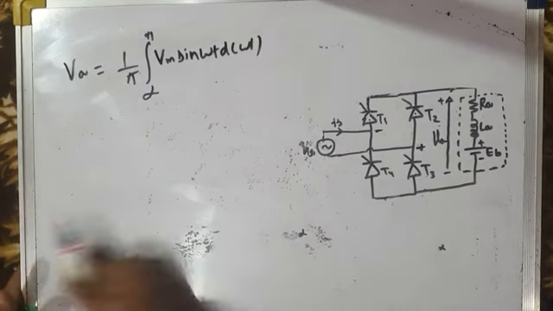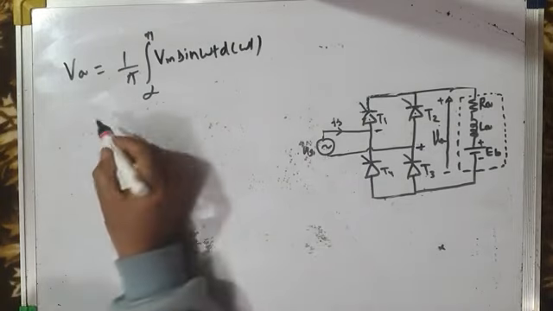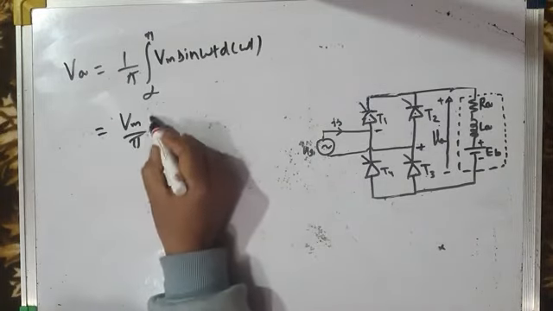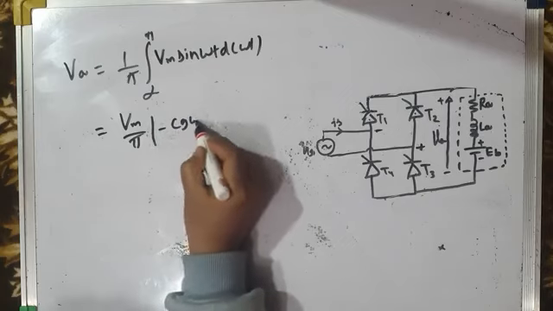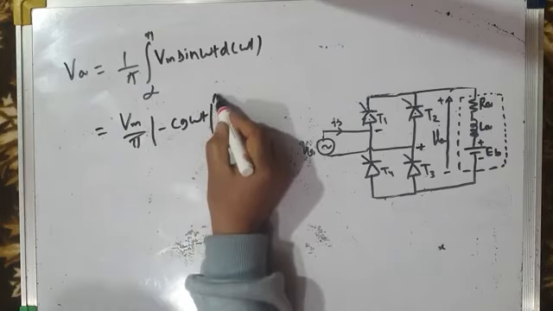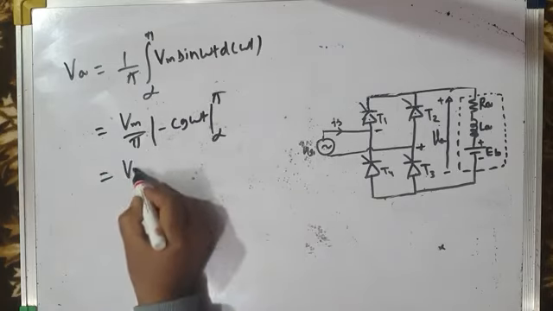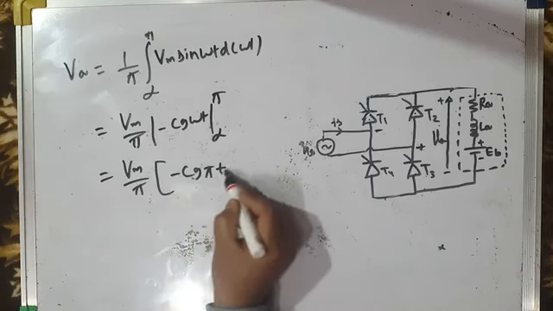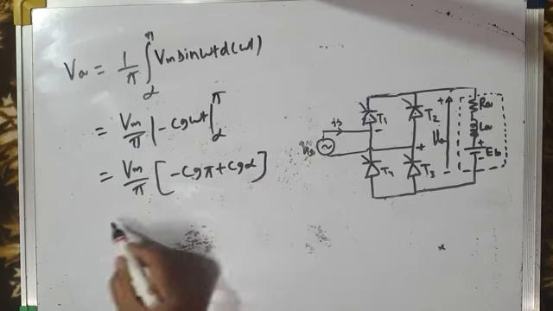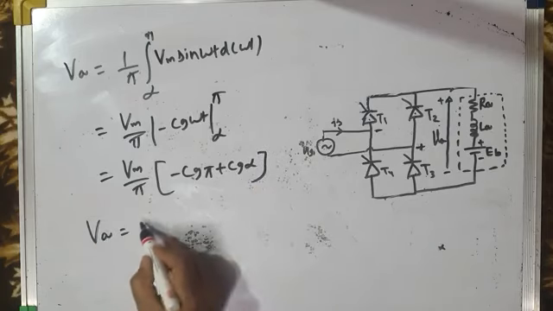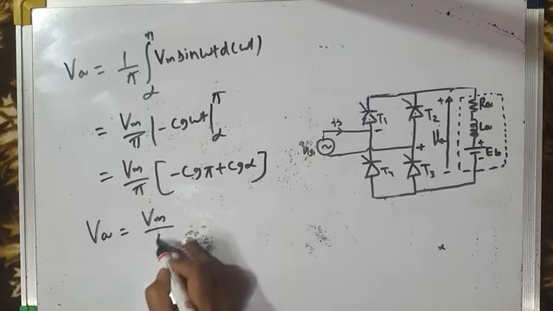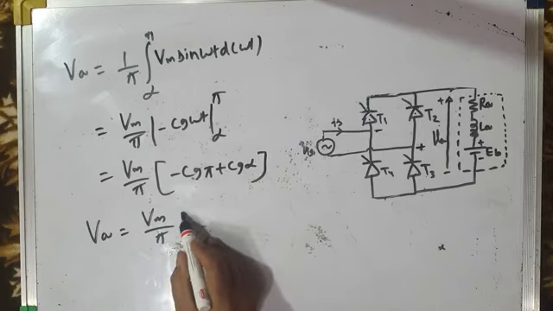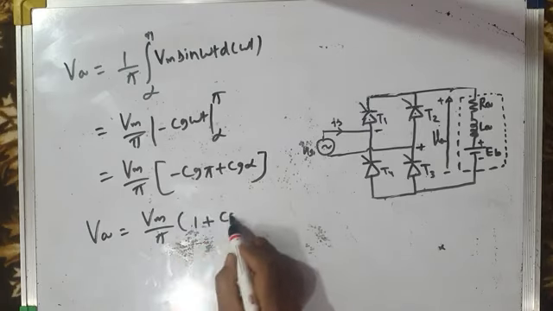I will not write it. So this is equal to Vm by pi. What is the integration of sine omega t? It's minus cos omega t, alpha to pi. So that is equal to Vm by pi, minus cos pi plus cos alpha. So average load voltage is equal to Vm by pi. Cos pi is minus 1, minus into minus is plus. So it is 1 plus cos alpha.